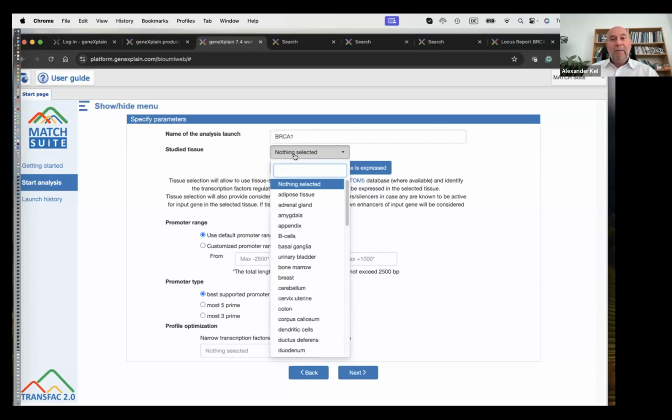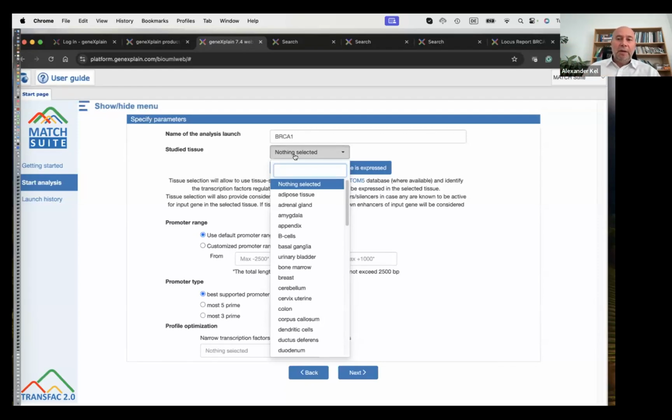Other members from the same family of factors may be working in B cells. And to understand which factor is actually regulating my gene, it is important to understand which tissue is of your interest. If these are family members, they may be expressed in different tissues, but there are some very specific factors which are expressed only in one tissue, and they are very specific. There are no other family members which are expressed in other tissues from that particular family.